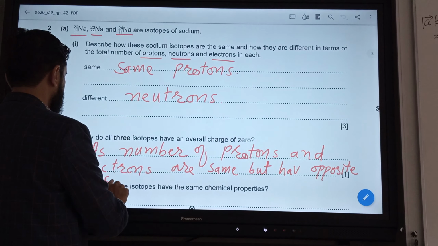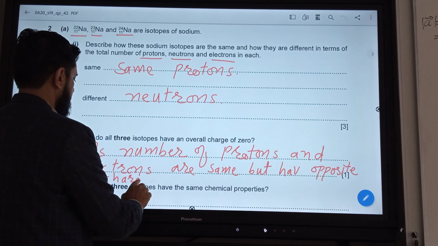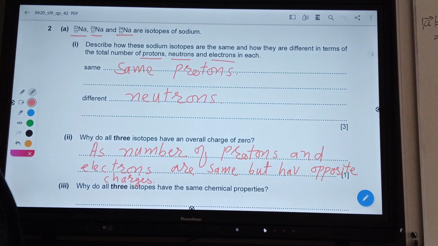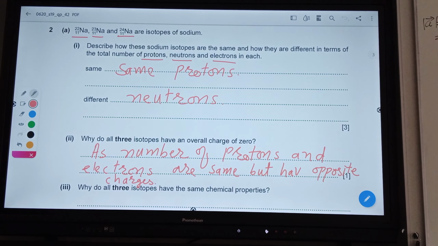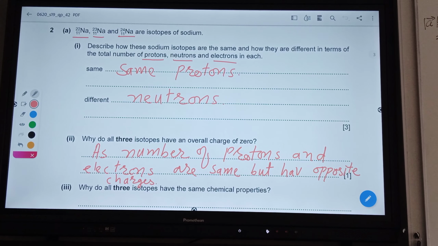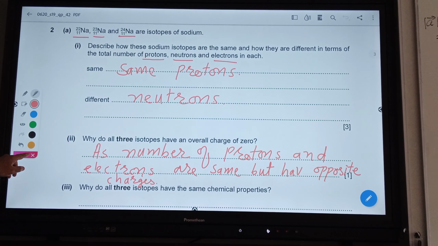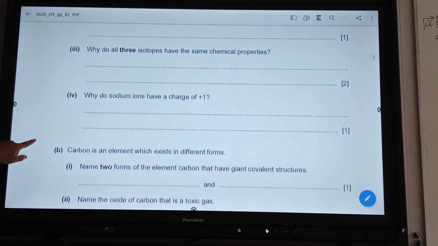Opposite charges. That's why they cancel out the effect of each other, so ultimately they have 0 charge. Proceeding towards the next question.